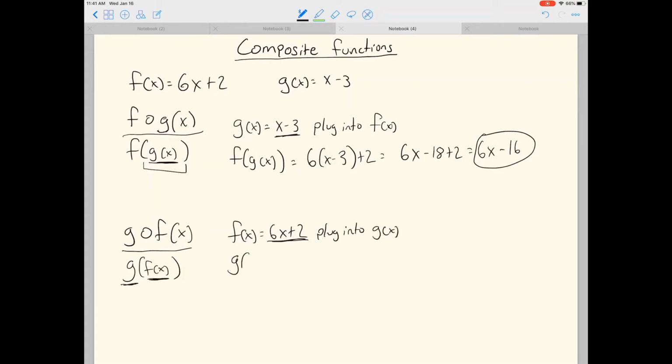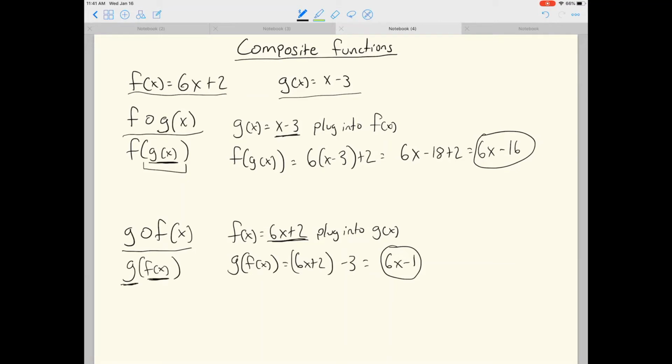So the g of f of x is equal to 6x plus 2 minus 3, which is equal to 6x minus 1. So even though we're dealing with the same functions for both problems here, we get two different results based on what order our question is being asked.